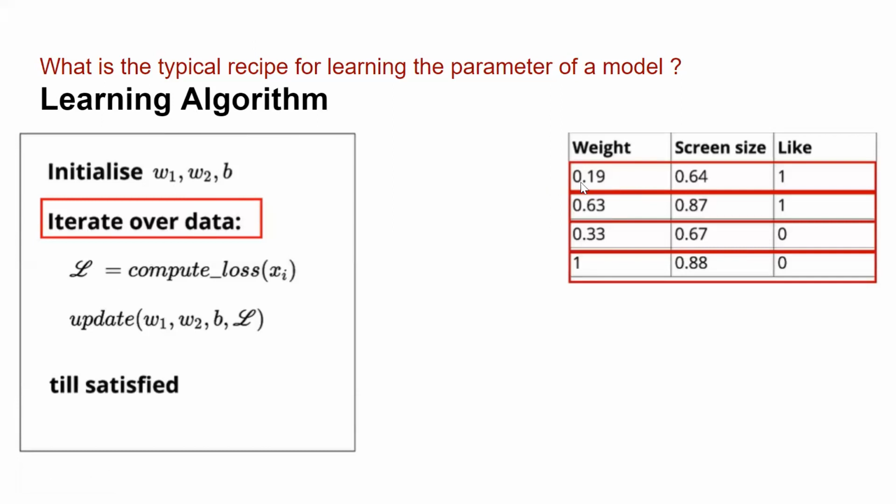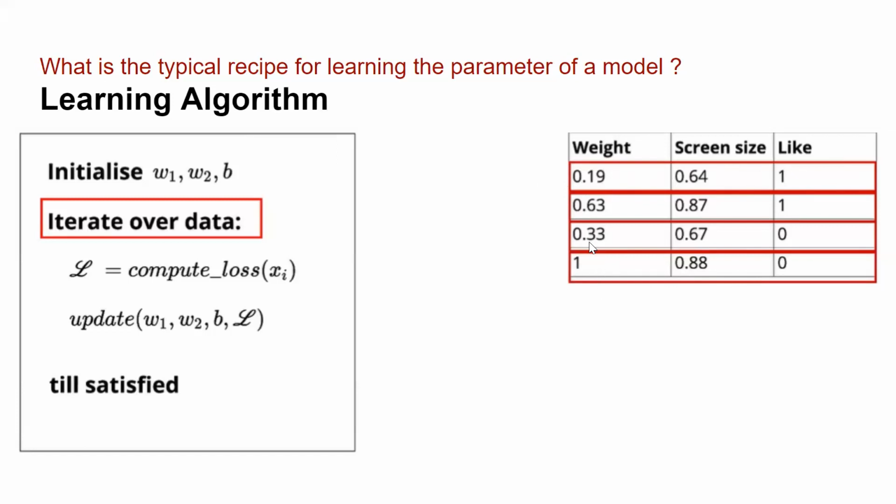Now, if I do this update for each of my rows, that process is called stochastic process. If I do this update once for this data set, what I do is I iterate over these rows and compute the loss for this data set. Instead of computing this loss at each row, I am computing the loss for this data set.